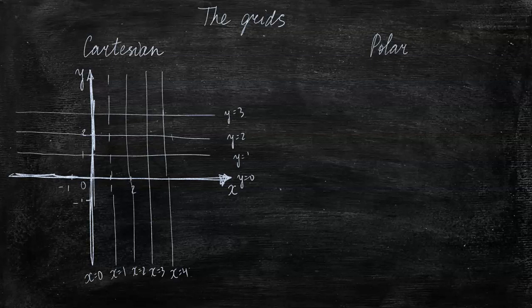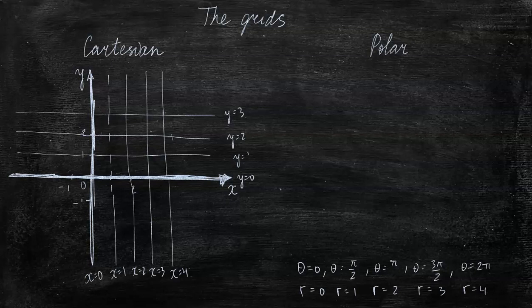So we may speculate, and we won't be wrong, probably, if we assume that the grid in polar coordinates will be the lines that can be described as theta equals 0, theta equals pi over 2, theta equals pi, theta equals 3 pi over 2, theta equals 2 pi, or maybe r equals 0, r equals 1, r equals 2, r equals 3, r equals 4, and so on.